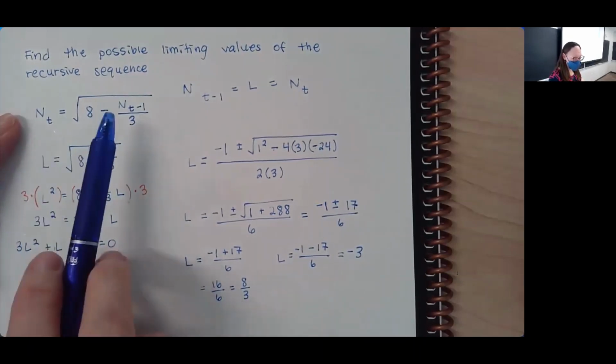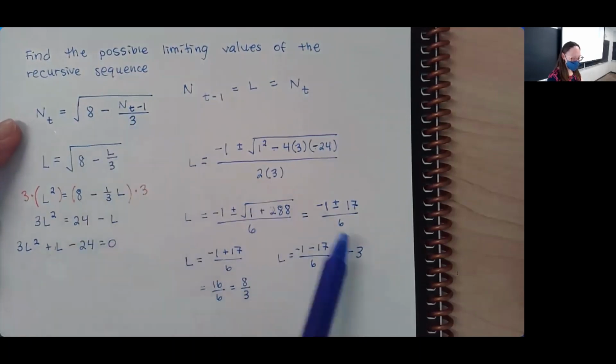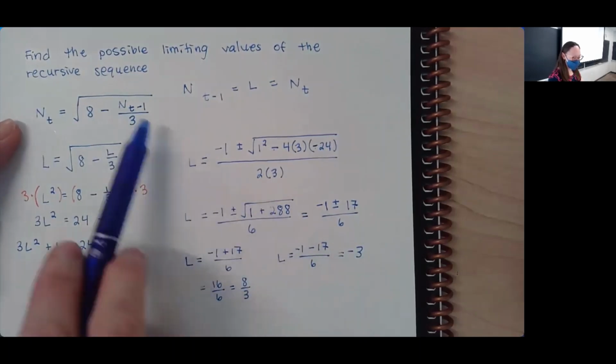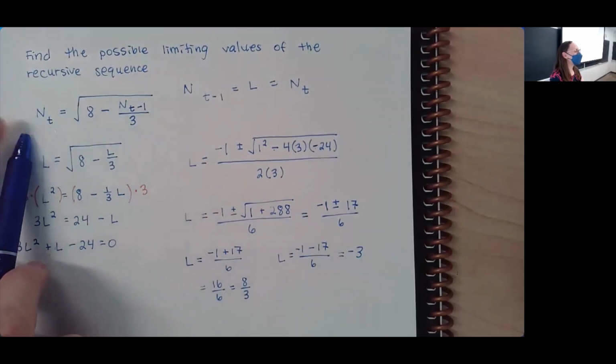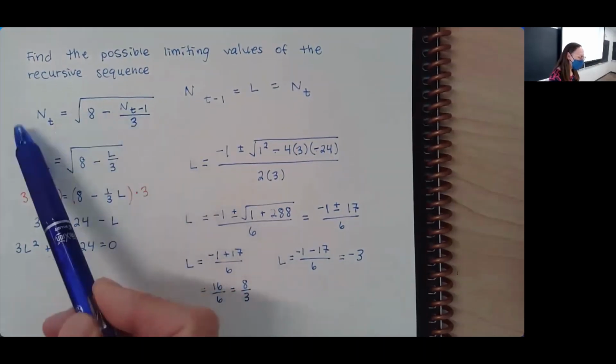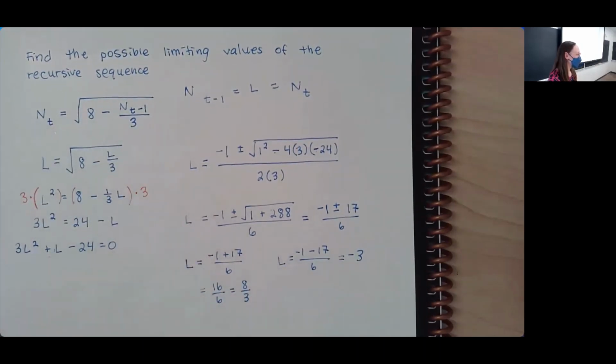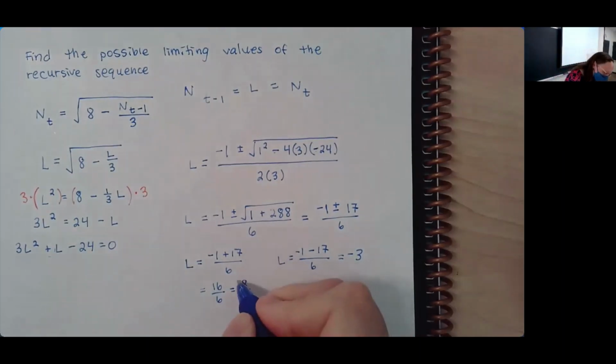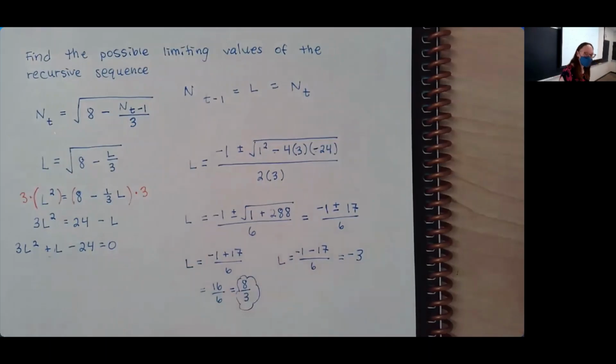I can't have a negative value inside the square root, which actually isn't the problem with the negative 3, but I can't get a negative value out of the square root. So I could never get to negative 3 because it could never be the number that popped out of the square root for us. So that would be the limit? So it turns out we really do know 8/3 is the limit.